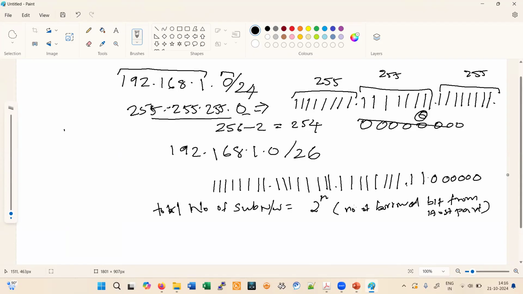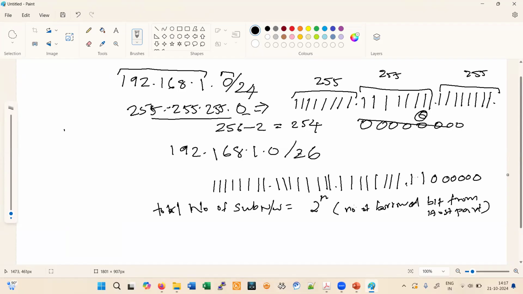So we borrow 2 bits, right? By default, it's /24, and the subnet mask of the fourth octet is 0, right? By default. And we make /24 into /26.